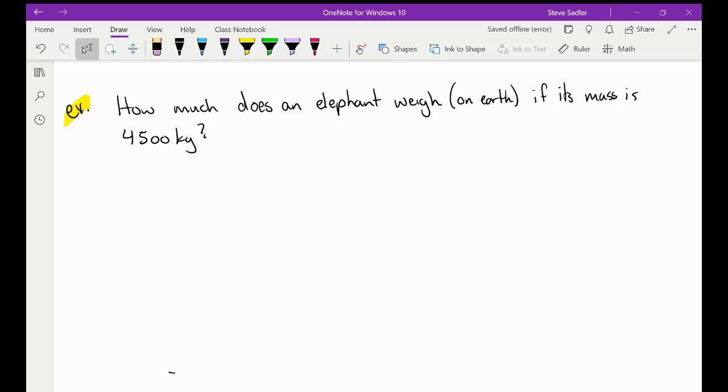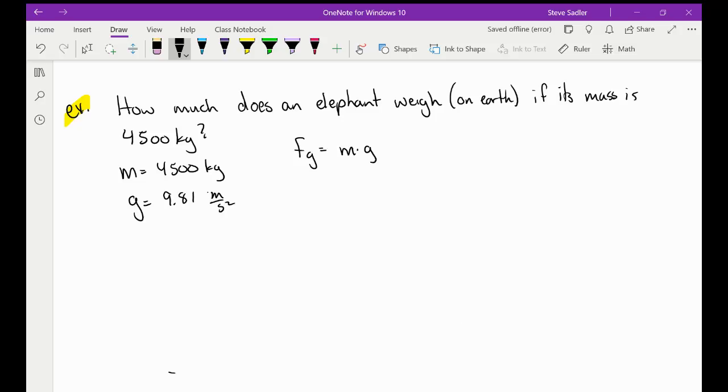How much does an elephant weigh on Earth if its mass is 4,500 kilograms? Well, the force of gravity is m times g. The mass of the elephant is 4,500 kilograms, and g is always 9.81 meters per second squared.